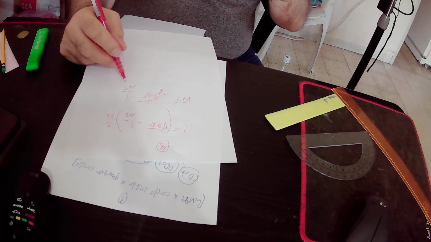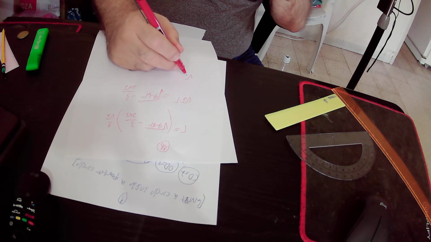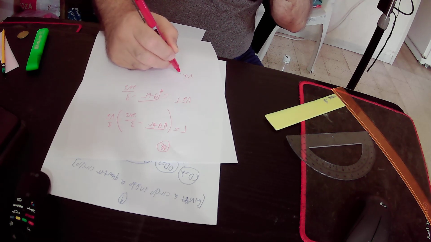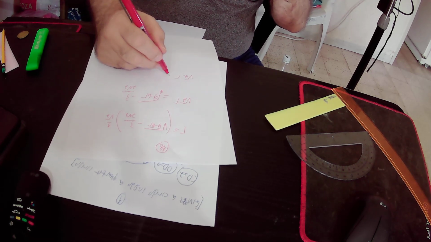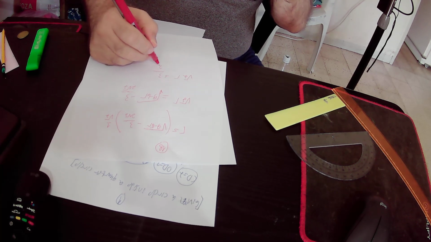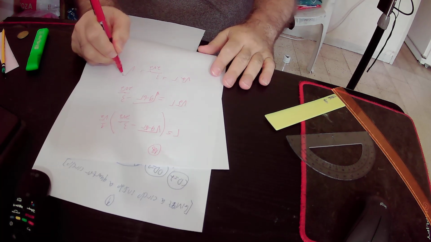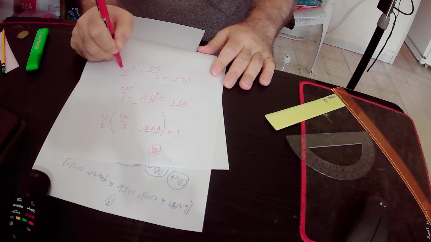Here we will add to this equality 3 over 2 times root 2, and we will get that root 2 times r plus 3 over 2 times root 2 equals the root of 9 minus 6r.